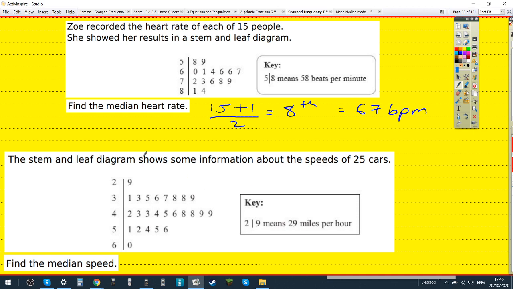So what would be the median for the bottom? Median for the bottom, 25. 1, 2, 3, 4, 5, 6, 7, 8, 9, 44. 44.